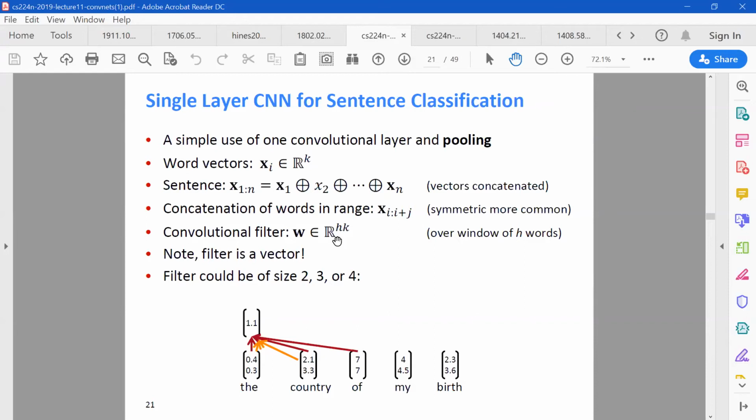But then it wouldn't make sense to move the convolution by one; you'd have to move the convolution by k every time, because otherwise you would be mixing the features. That's right. So that's one way to think of it.